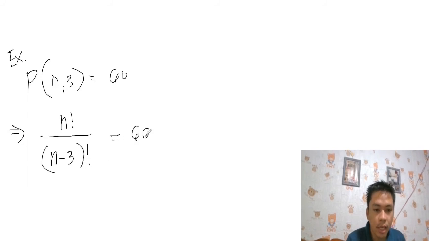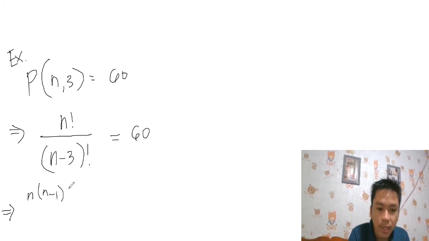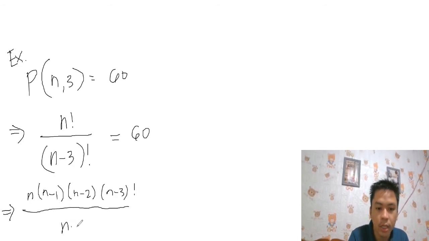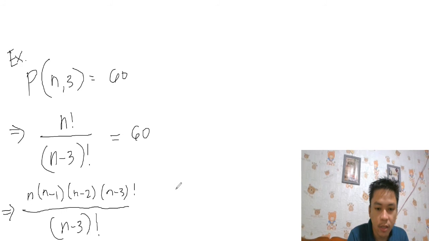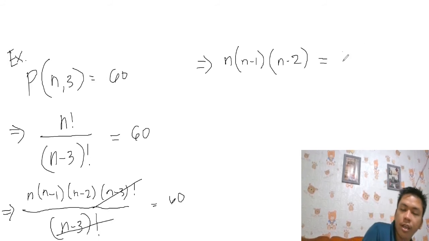And I can write n factorial here as n times n minus 1 times n minus 2 times n minus 3 factorial, all over n minus 3 factorial, and that's equal to 60. I will cancel this here, and I'm left with n times n minus 1 times n minus 2 equals 60.